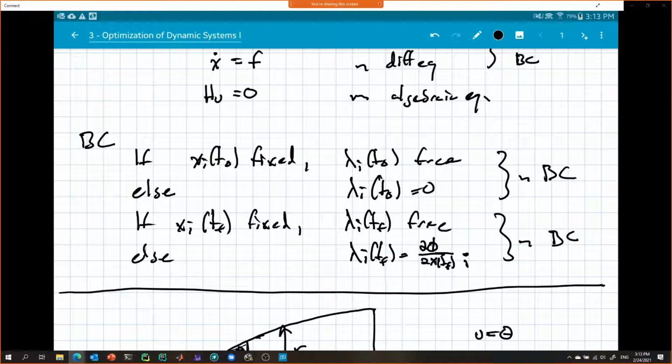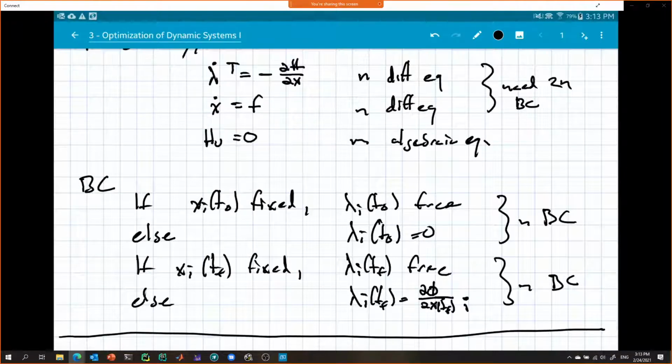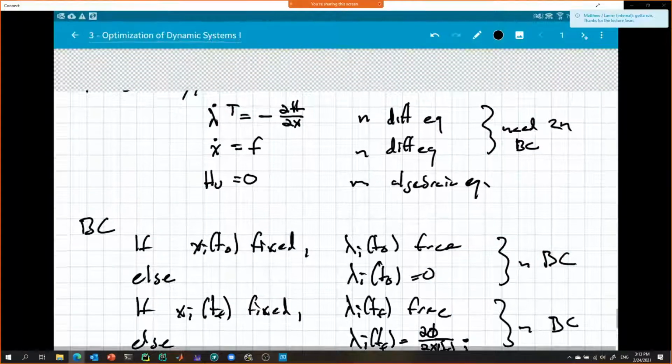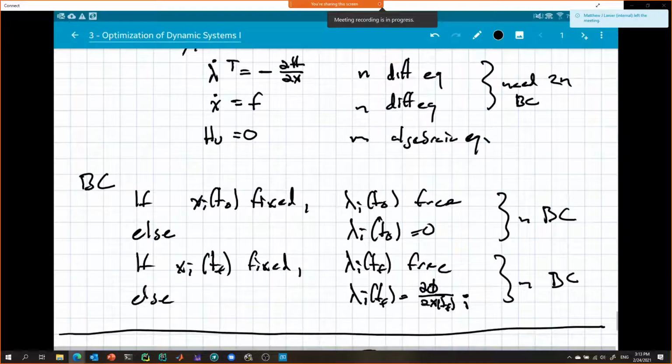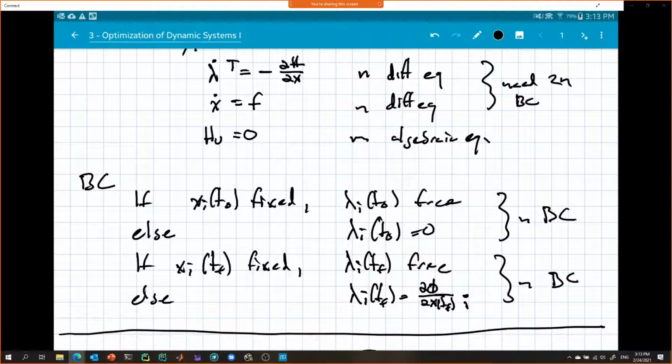Okay, so this result, and I should have been explicit about this, is a 2-point boundary value problem, right? It's a 2-point boundary value problem insofar as this is t naught, and this is t final time.